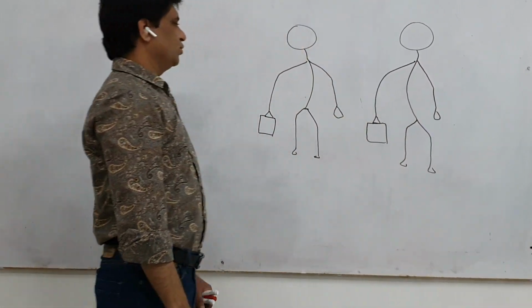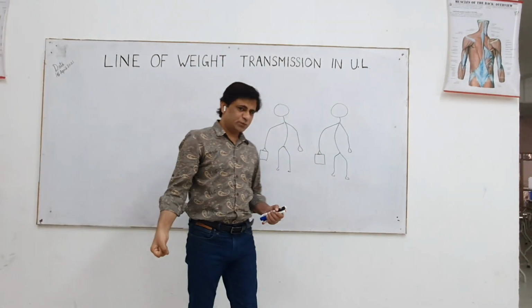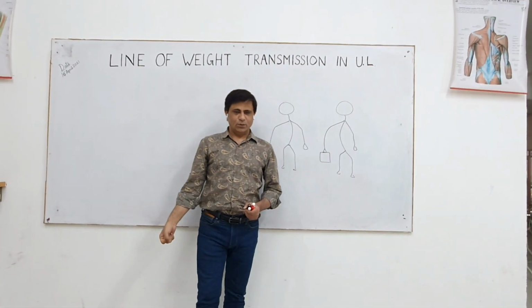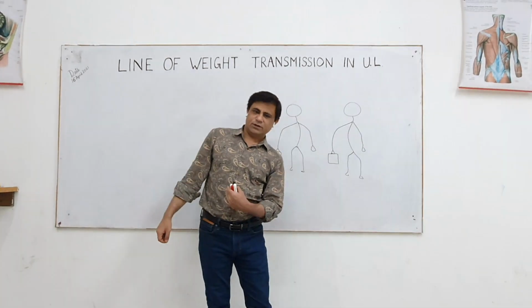What will be the position of the spine if he is carrying weight on the right side, on his right hand? Will it be bending concave to the right side, or convex to the right side?